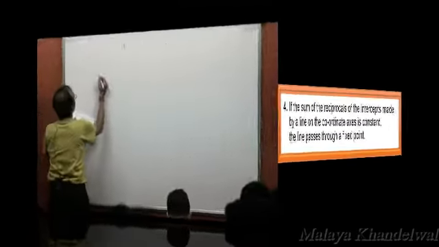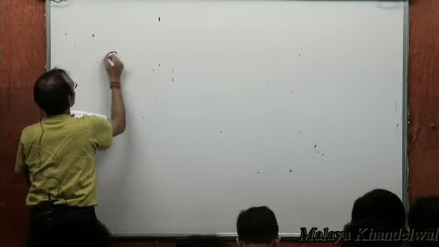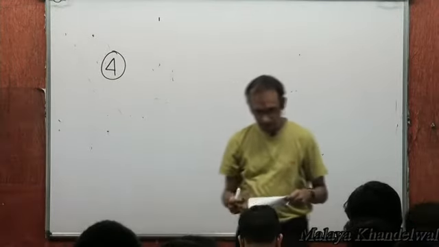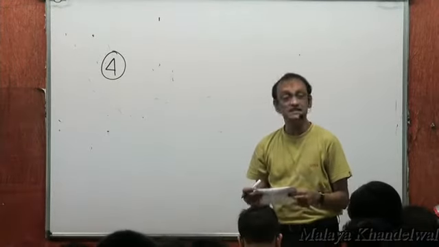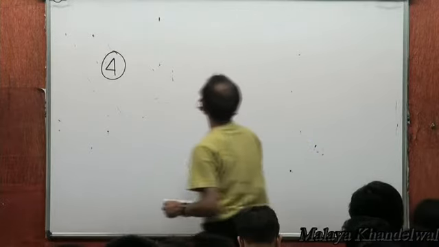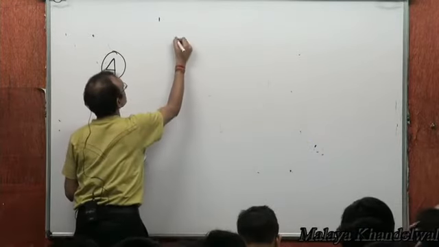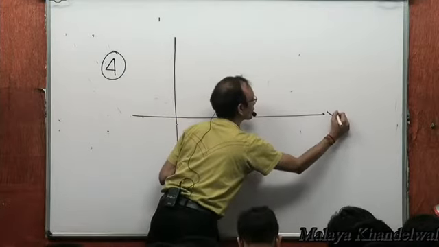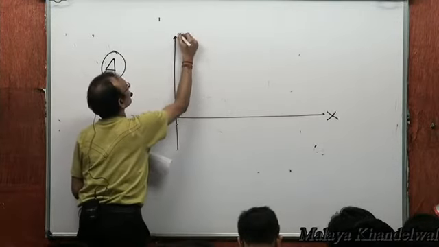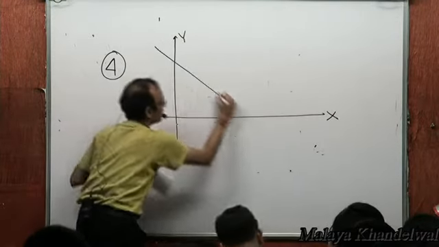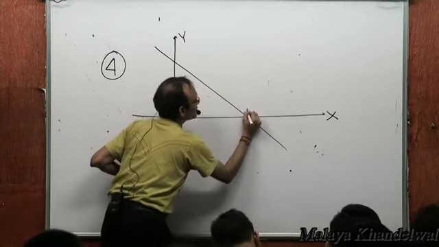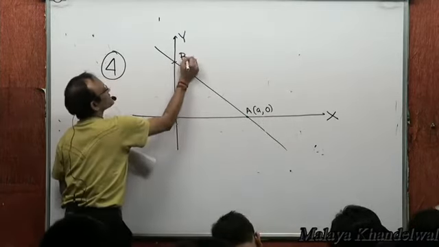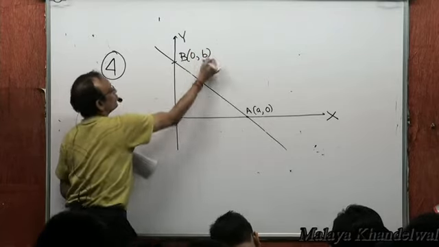Number 4. There is a variable line with variable x and y intercept. What we have is a variable line like this, where the x-intercept a varies, and the y-intercept b also varies.